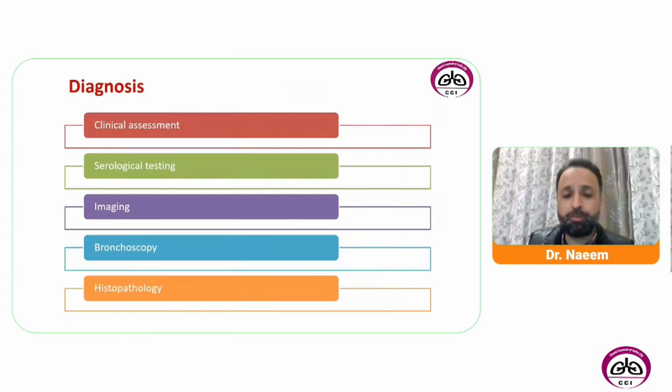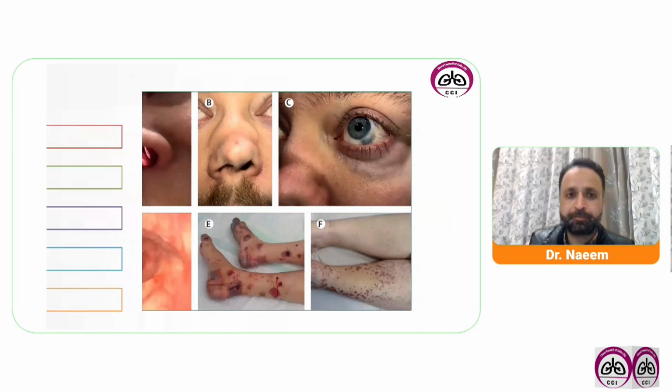So, if we move on to the diagnostic evaluation in pulmonary vasculitis, the clinical assessment will include cough, breathlessness, chest discomfort, hemoptysis, and other variable signs and symptoms. To aid our diagnosis, we have to take help from serological testing, imaging, bronchoscopy, and histopathology.